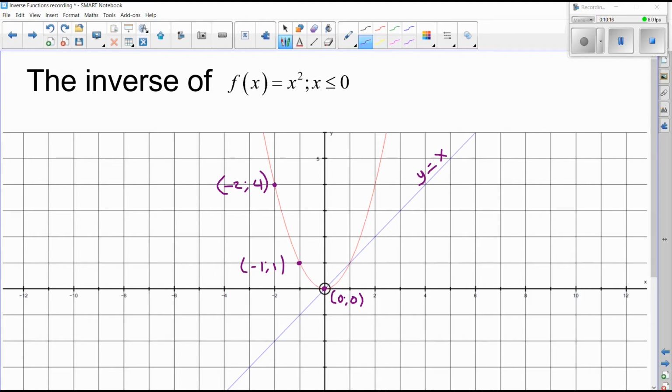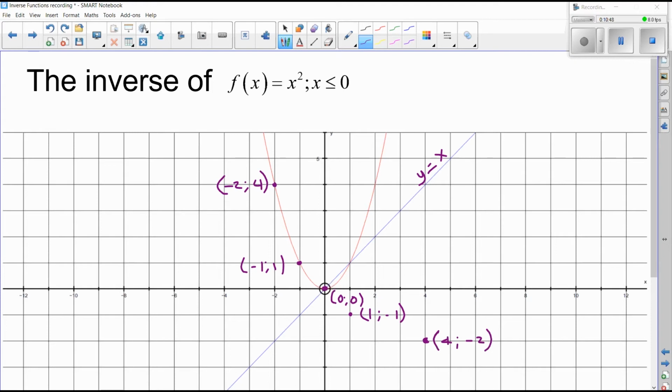I see that my first point 0, 0 lies on the axis of symmetry, so its image is on the axis of symmetry. When x is negative 1 and y is 1, if I reflect it in the line y equals x, I swap the x and the y coordinates to find the image. So now I have that x is 1 and y is negative 1. Similarly, if x is negative 2 and y is 4, the image of that point would be x is 4 and y is negative 2.